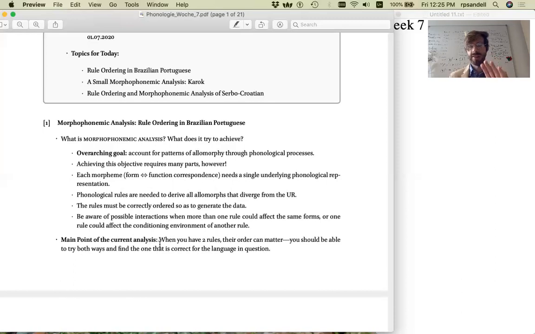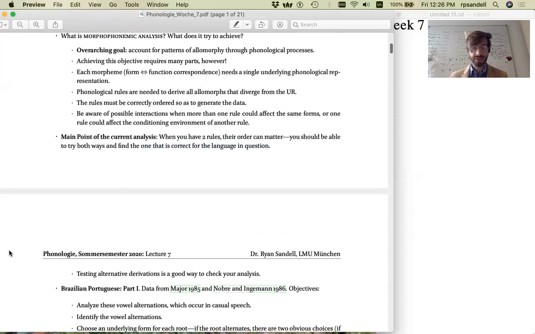So the main point that I want to drive home with this data is really how exactly rules can interact with one another, and how we should sometimes try to apply both possible orderings of the rules in order to establish which ordering is the correct one for the language in question.